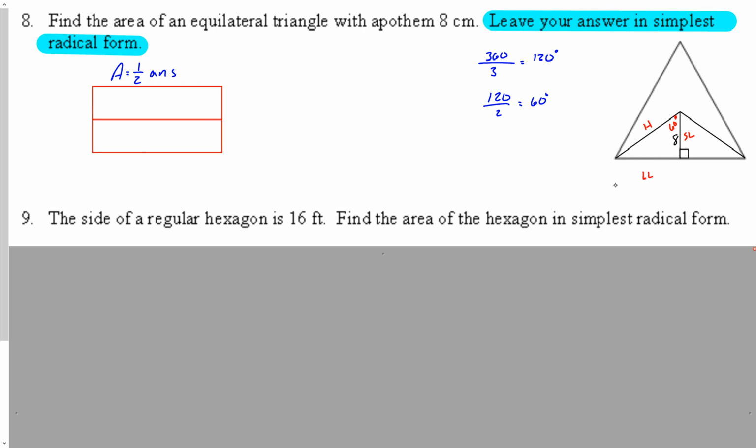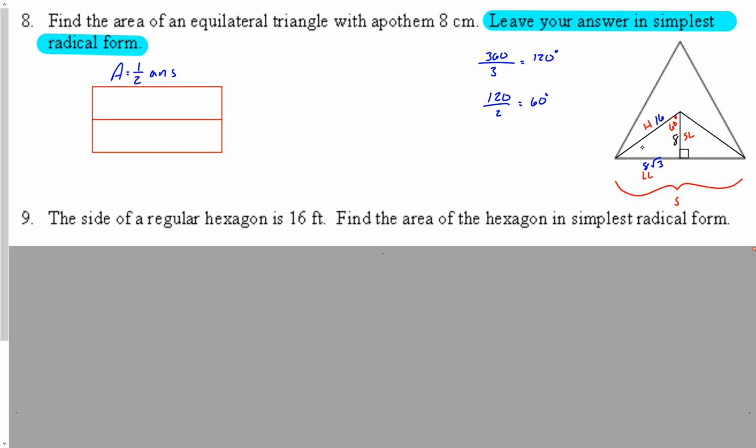Keep in mind, one of the pieces that you need for your formula is the side length, so you can label the whole thing as s if you'd like. Now just using 30, 60, 90 triangle properties, since the short leg is 8, we can find the long leg to be 8 times the square root of 3, and the hypotenuse could even be said to be 16, even though that hypotenuse isn't something that we need to plug into our formula.